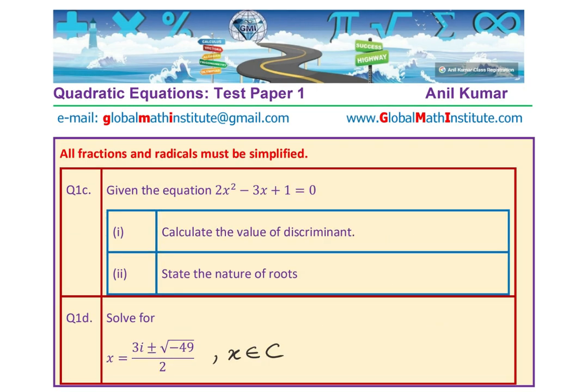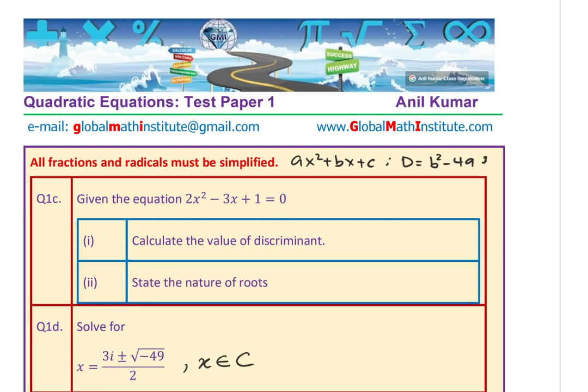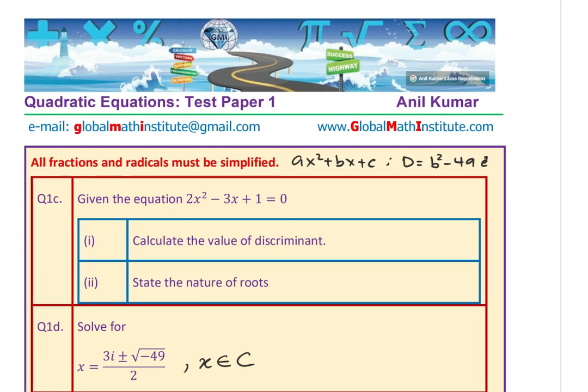Next question here is, given this equation, calculate the value of discriminant. If the equation is ax squared plus bx plus c, then discriminant is basically b squared minus 4ac, right? So b squared minus 4ac.